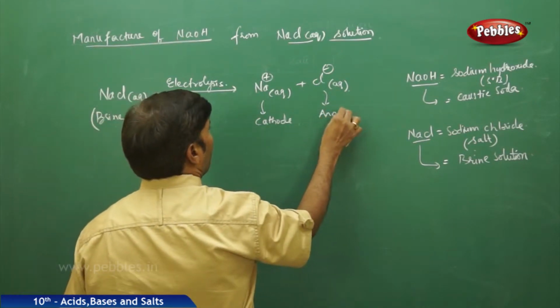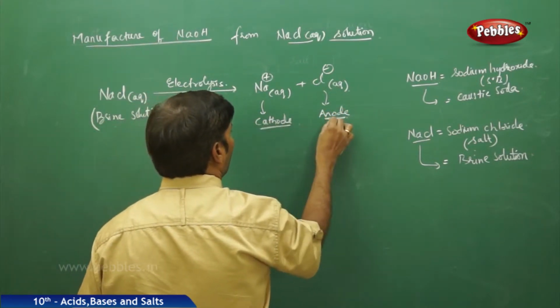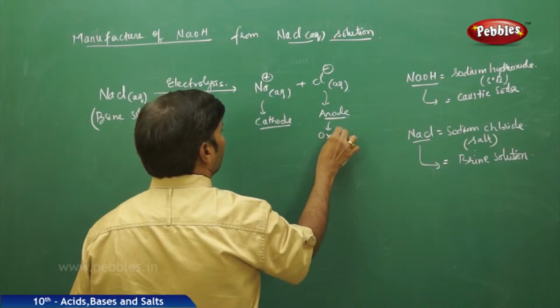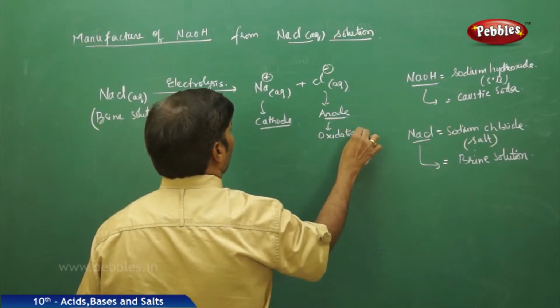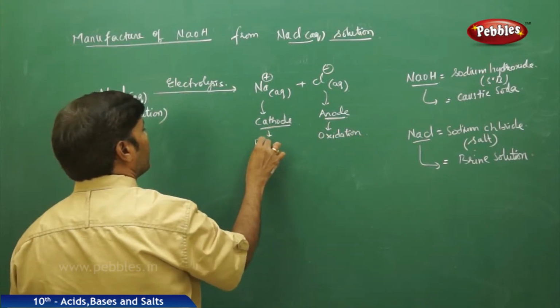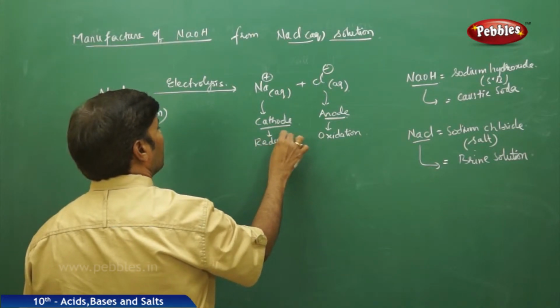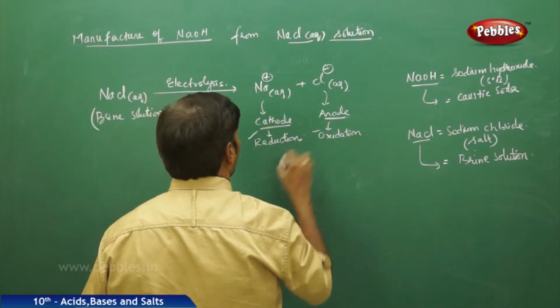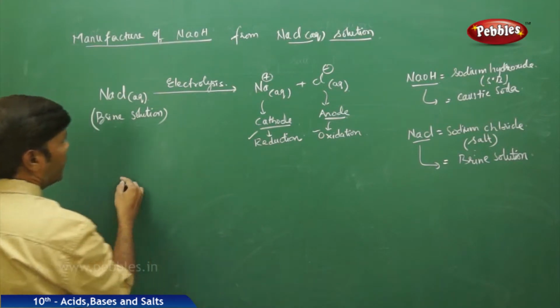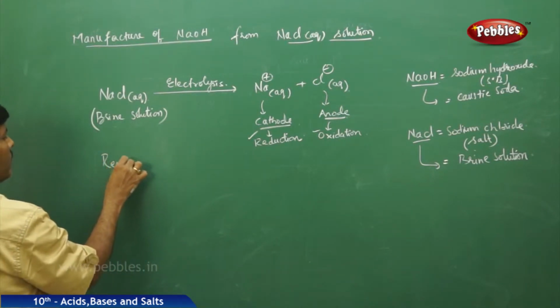At the anode, oxidation always occurs, and at the cathode, reduction always occurs.